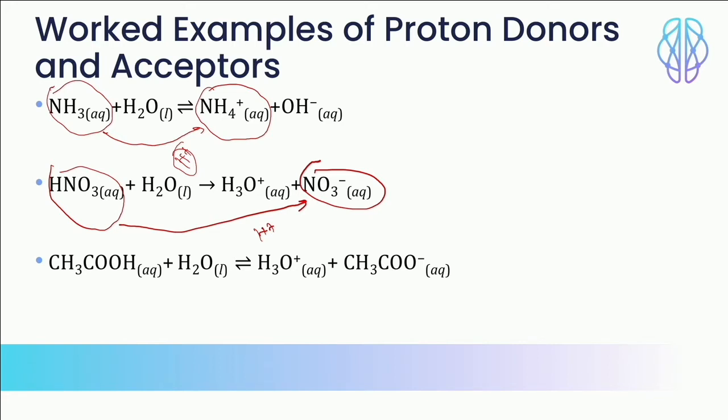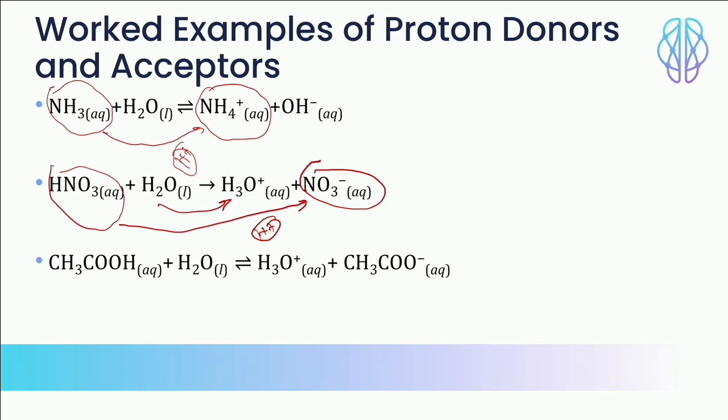So if something is a proton donor, it is a Bronsted-Lowry acid. The H2O then picks up this H+ that we've donated and forms H3O+. So the H2O picks up the H+, so it accepts the proton. It's a proton acceptor. It's a Bronsted-Lowry base.